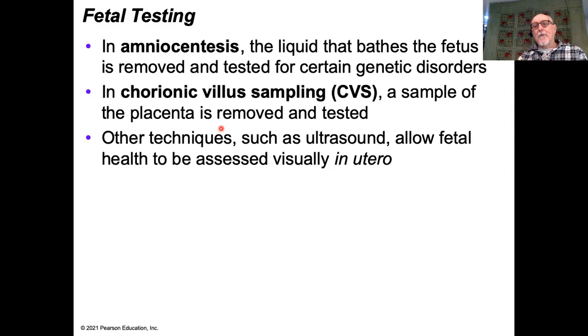I'll just mention here that it used to be, for example, that amniocentesis was done on women who were over 40 years old to check to see if there was a trisomy on chromosome 21. That is, did the fetus have Down syndrome or not?